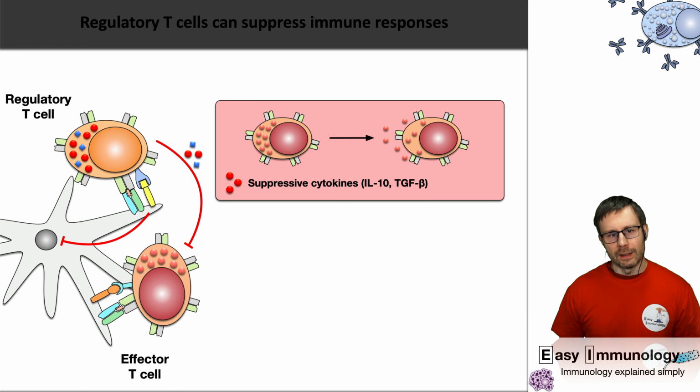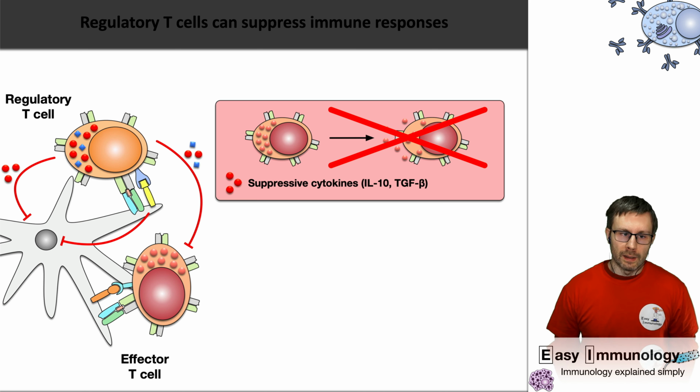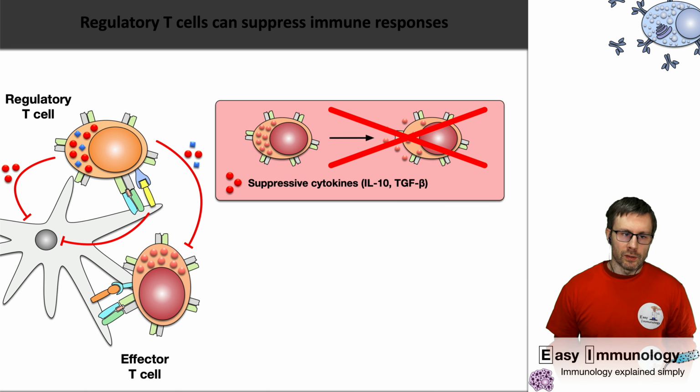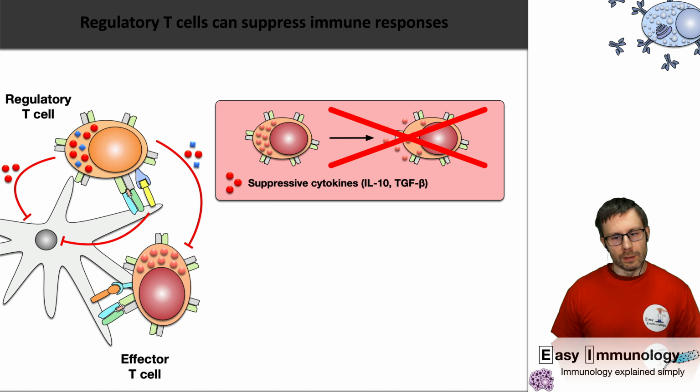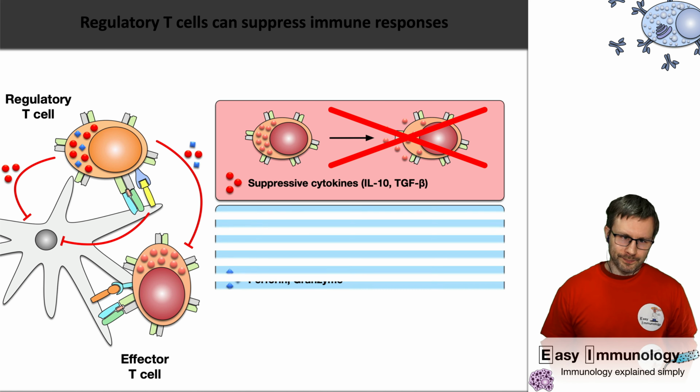They just act on receptors on the T cells, and they suppress this activation of the T cell. So if they get triggered with these suppressive cytokines, they just cannot be activated. This also happens not only from the regulatory T cell to the effector T cell, this also happens from the regulatory T cell to the antigen presenting cell. This basically shuts down the antigen presenting cell because it does something stupid here. It tries to initiate, for example, an autoimmune response.